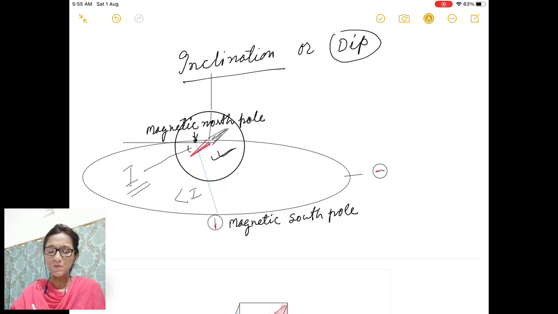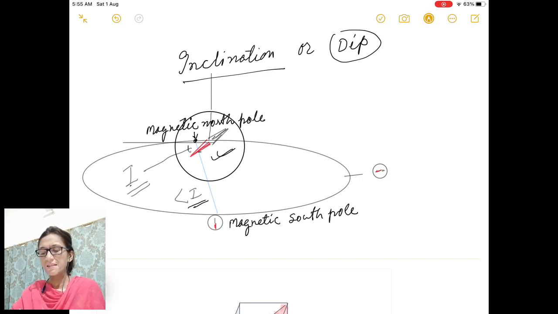Here in this figure you can see I have placed a compass needle in a vertical plane on the surface of Earth, and the needle is making a certain angle with the horizontal direction. So this is your angle of inclination or angle of dip.